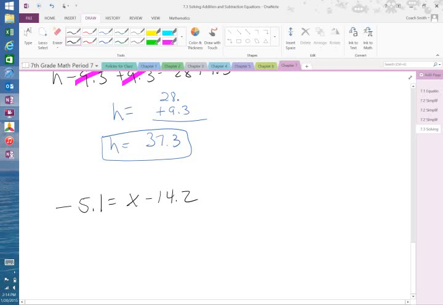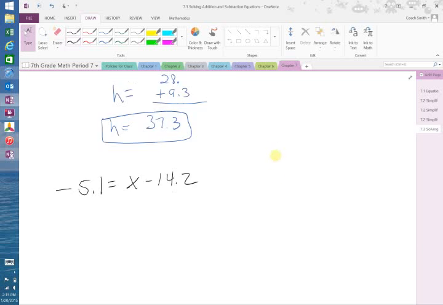Gabby. I'm subtracting what? No, I'm not subtracting x. What am I doing to x? I'm subtracting 14.2 from x. So the inverse of subtracting 14.2 is what, Cameron? Adding, thank you, adding 14.2.